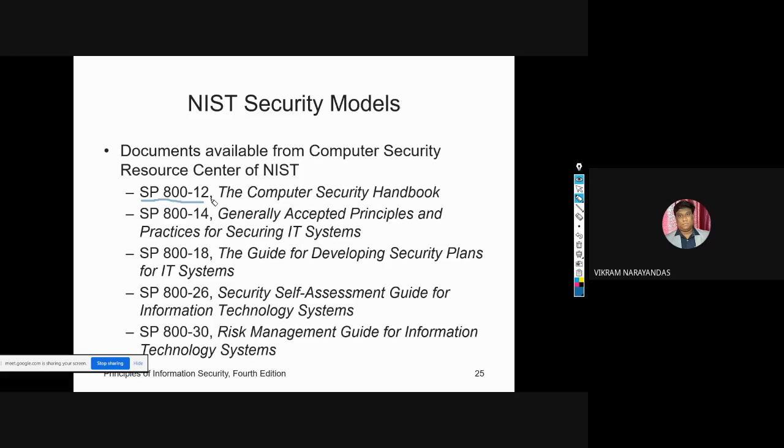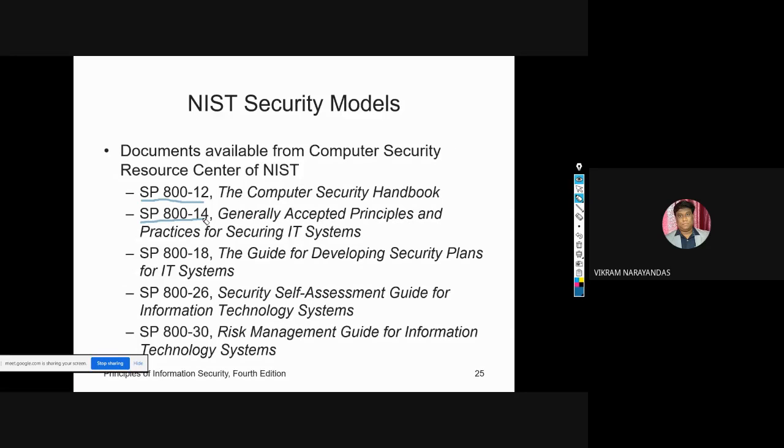Special Publication 800-12 also provides guidance on design and implementation of new security systems. Next, Special Publication 800-14, Generally Accepted Principles and Practices for Securing IT Systems.